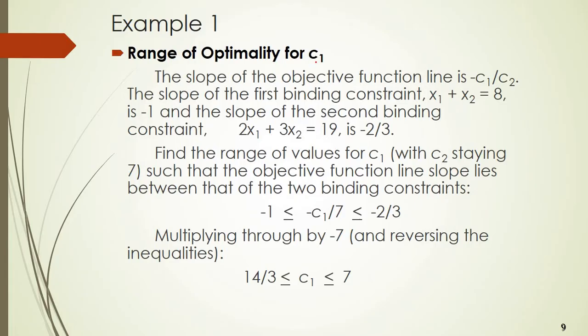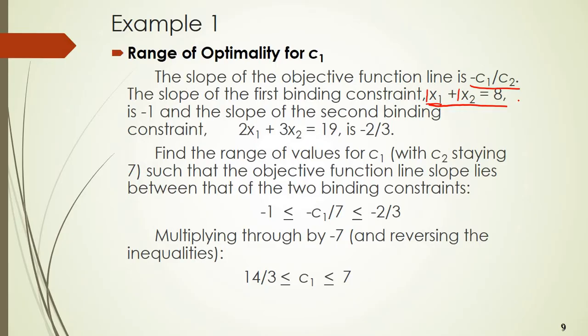The range of optimality for C sub 1. Okay, given the first constraint, which is x sub 1 plus x sub 2 equal to 8, we need to get the slope using this formula, that is negative C1 over C2. Since for this constraint it's just x sub 1 and x sub 2, we have their numerical value, which is 1.